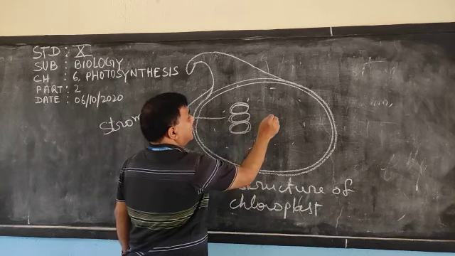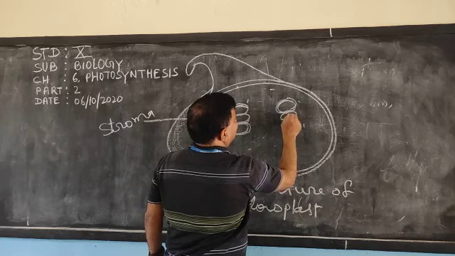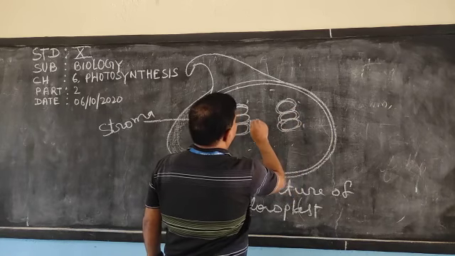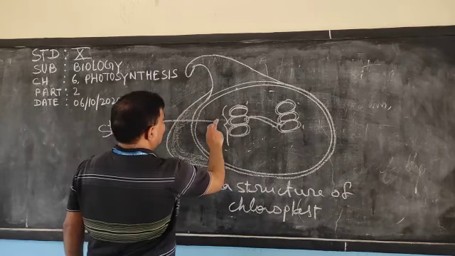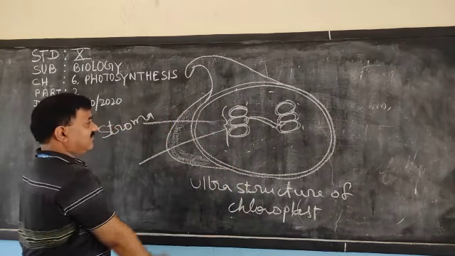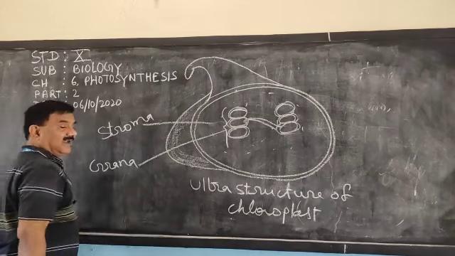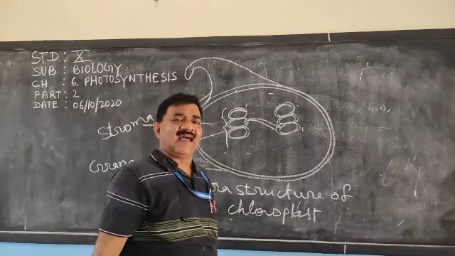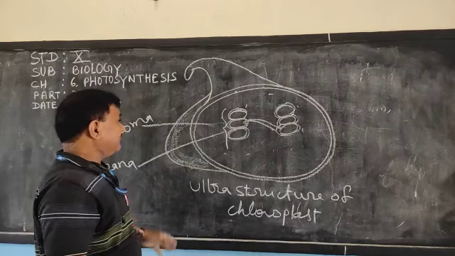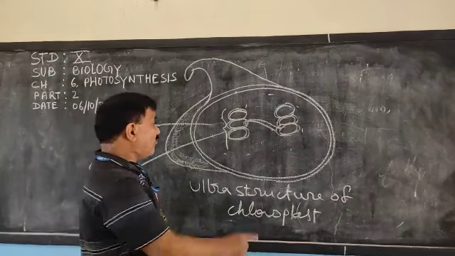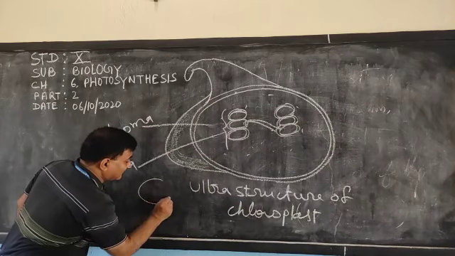The whole matrix is filled with such rings, and these are called grana. Don't be confused between grana and granum. Grana is the plural, and granum is singular, one unit.